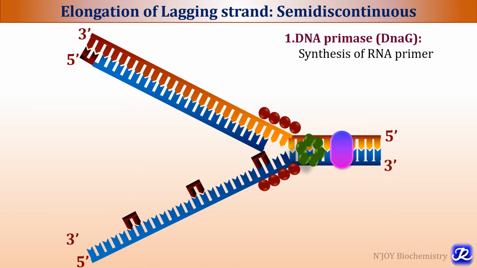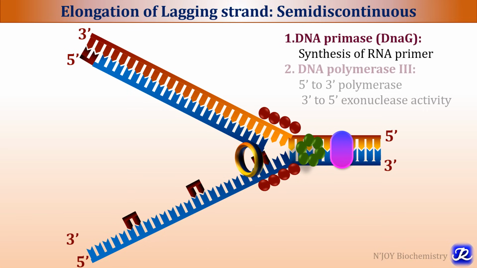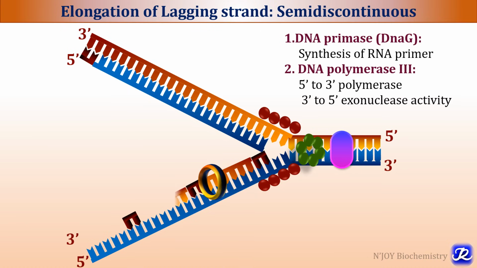After the synthesis of RNA primer, DNA polymerase 3 can catalyze polymerization by its 5' to 3' polymerase activity. This DNA polymerase synthesizes a short stretch of DNA, then dissociates, and again binds to another site, and another short stretch of DNA is synthesized. All these short stretches of newly synthesized DNA are called Okazaki fragments.